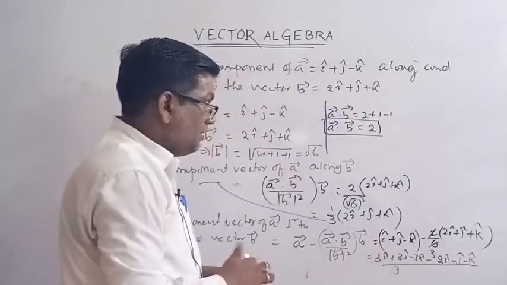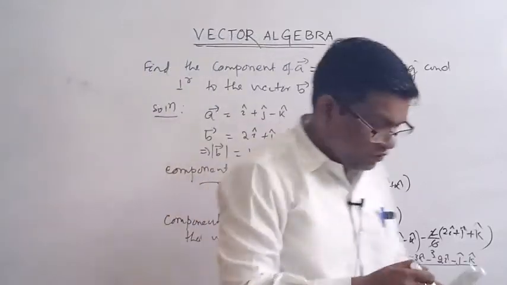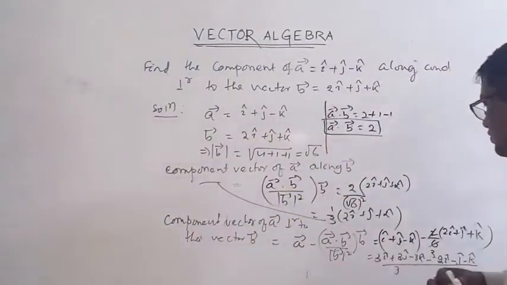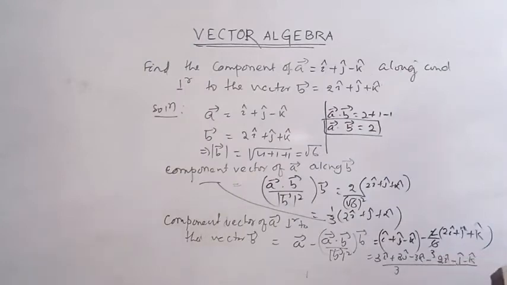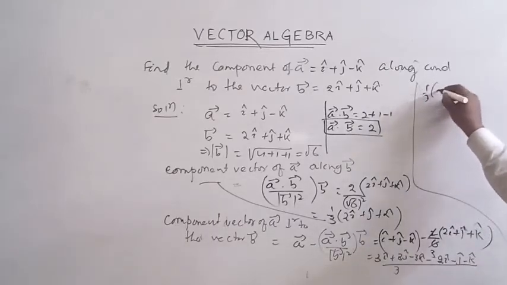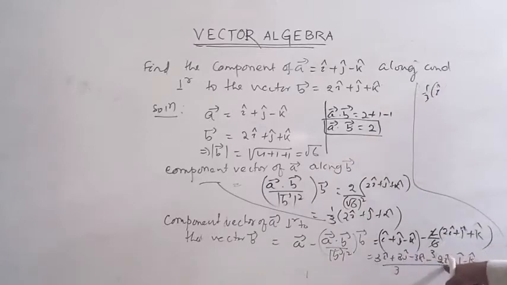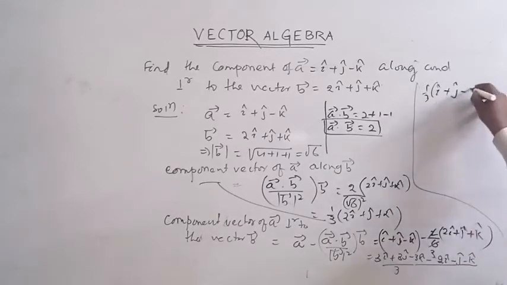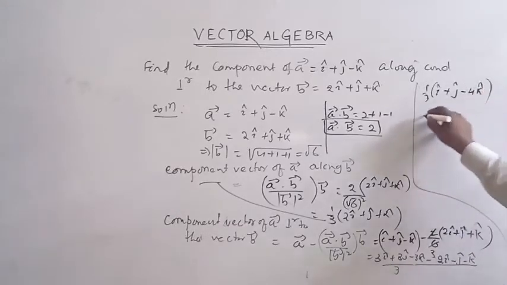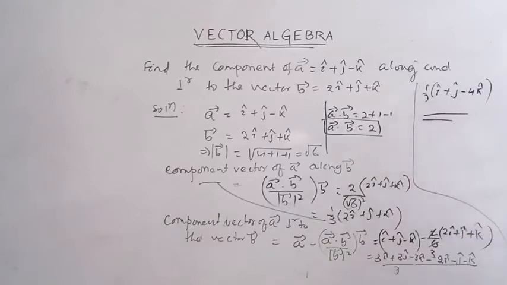Now from the last step, 3i minus 2i is equal to i. So 1 by 3 here, i, 3j minus j is 2j, and 3k minus k is minus 4k. Clear? This is the component vector of A perpendicular to the vector B.